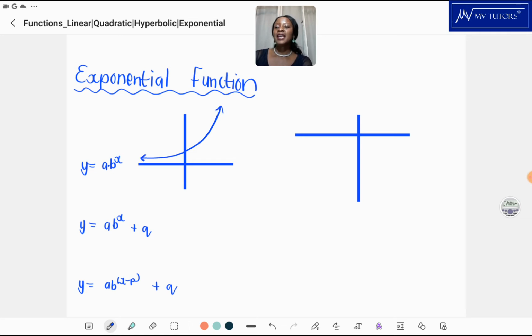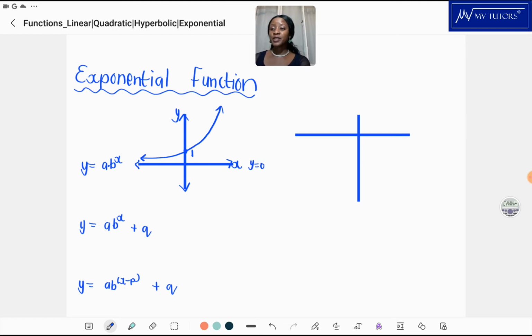When a is positive, you're going to have a function that does this. And it always passes through 1, guys, provided that there hasn't been a vertical shift yet. With exponential functions, you also have asymptotes. In this case, your asymptote would be y equals 0.